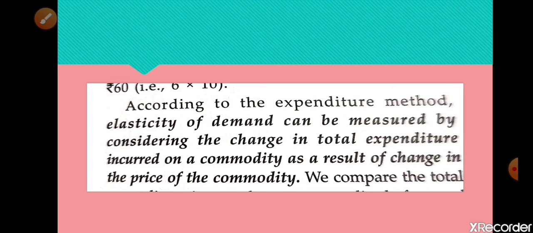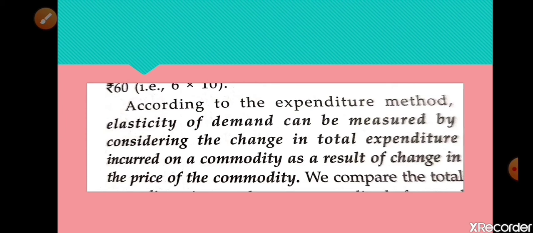In case of a fall in price, if total expenditure remains constant, then price elasticity of demand is unitary. If total expenditure falls in case of a fall in price, then EP is less than 1. And if total expenditure rises in case of a fall in price, then EP will be more than 1.